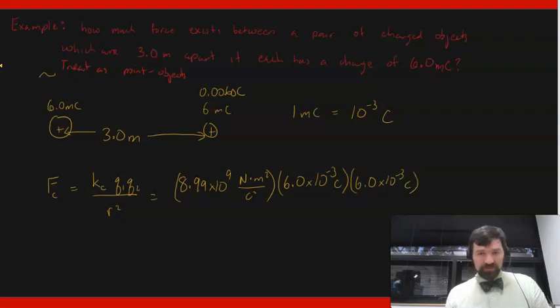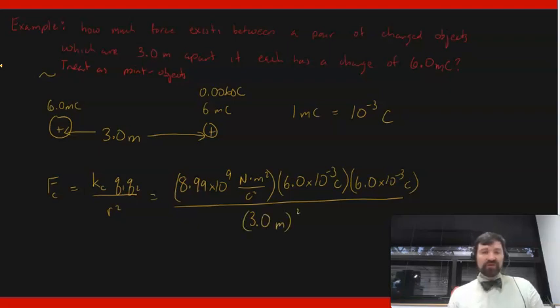And then the distance separating them is 3.0 meters quantity squared. You should be able to put all those numbers into your calculators to get a result. The result should be about 3.596 or something like that times 10 to the 4.